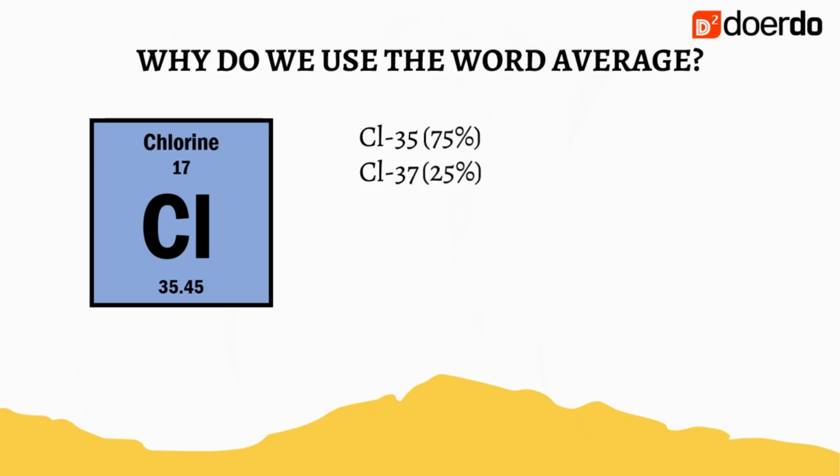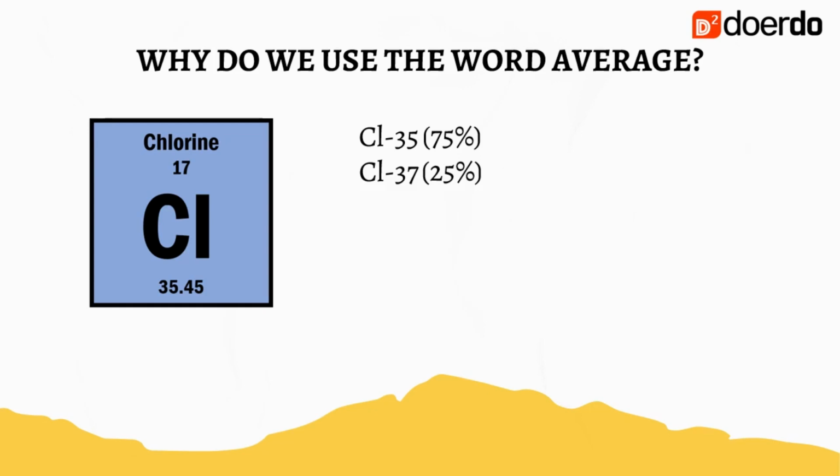The bracketed numbers next to each of the isotopes are their relative abundance. Relative abundance signifies the percentage that you will find each isotope in nature, meaning that if you were to find a sample of chlorine in nature, 75% of it is likely to be chlorine 35, while the other 25% of it is likely to be chlorine 37.